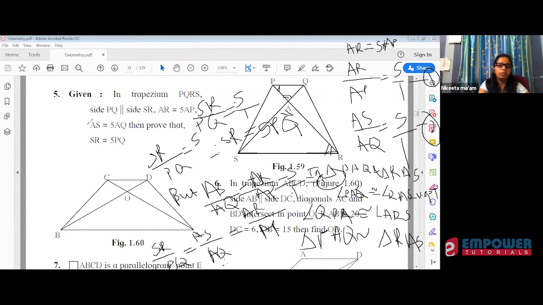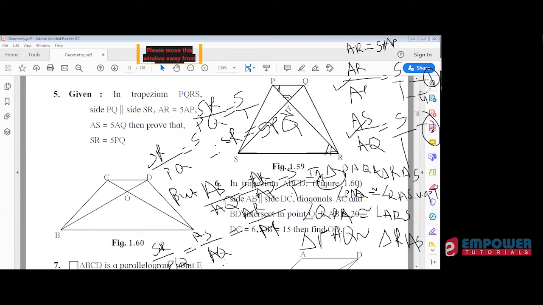So write it down properly. First write down this and this, call them 1 and 2, and for this give the reason as given. It is given in your example. After that, write down the statement that these two triangles are similar, because opposite angles are congruent and alternate interior angles are congruent.